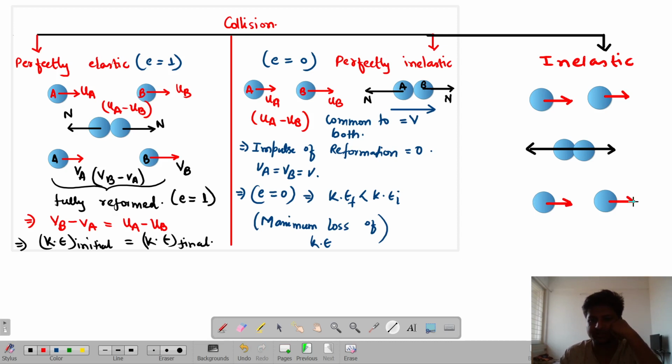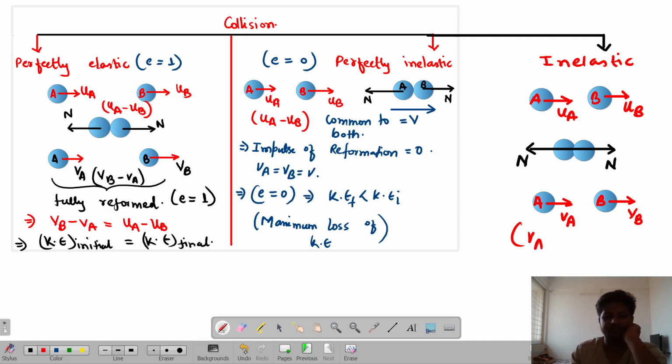This is moving with some velocity. So look over here, this is A, u of A, this is B, u of B. This is my normal. Are you able to get me or not? Now finally, they have v of A and v of B. So velocity of separation is once again v of B minus v of A. Then velocity of approach is u of A minus u of B.